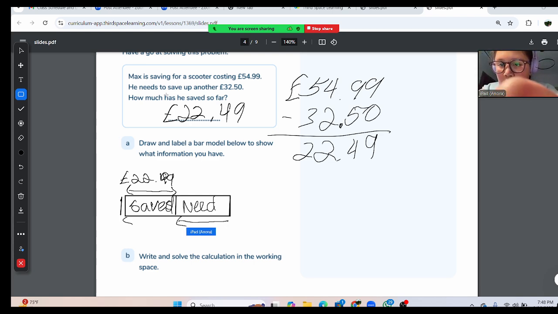Very good. Perfect. Exactly. And how would you show the total cost of the scooter? That is also given, right? Show that in the bar graph.